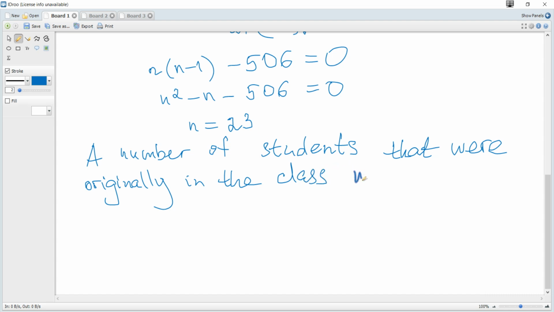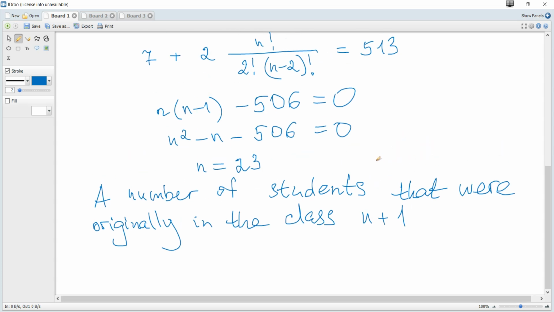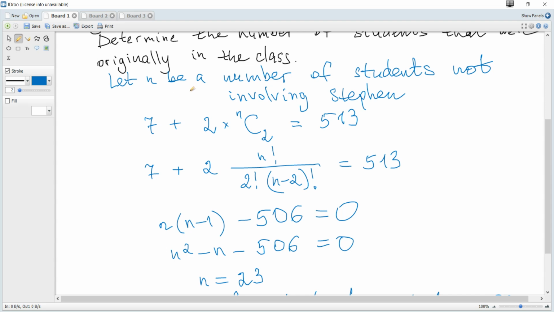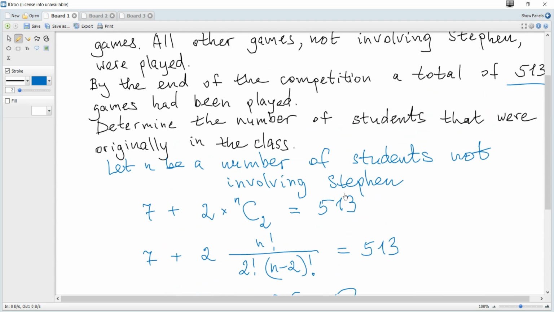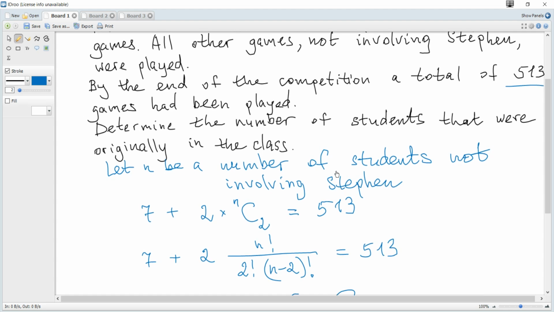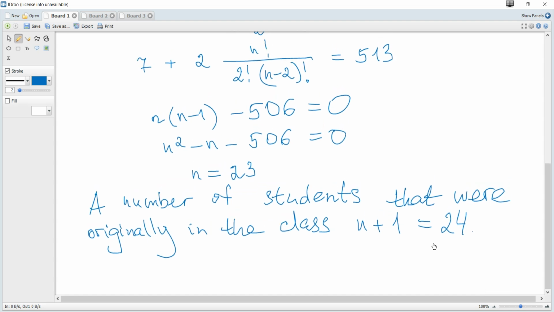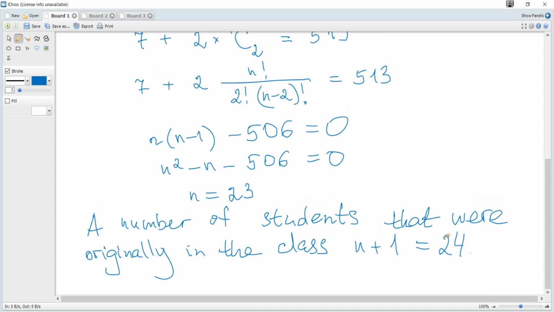It's n plus 1. It's 23 plus Stefan, because n is the number of students not involving Stefan. It is 24. So the answer is 24, and that's all for this question.